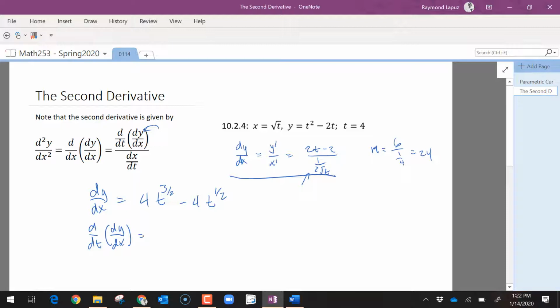So we want the derivative of this thing with respect to t. So that is 6t to the 1/2 minus 2t to the negative 1/2. I get my constants there.